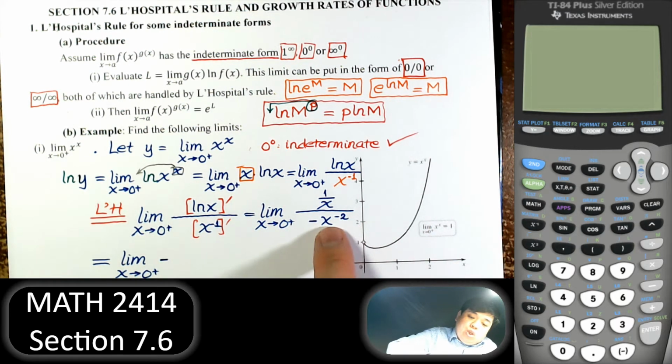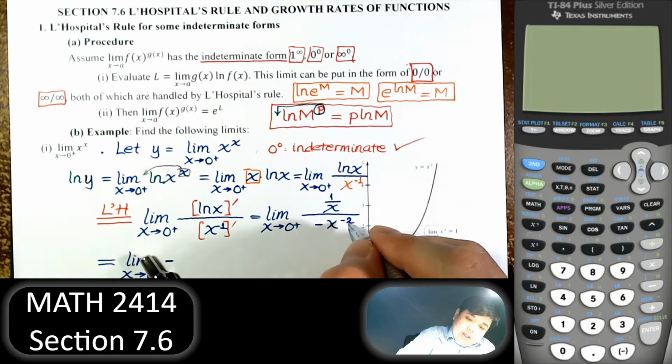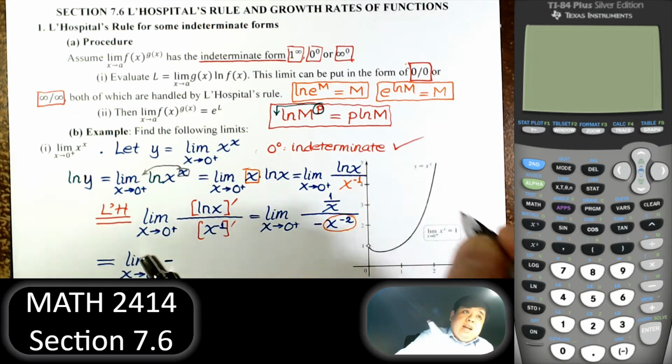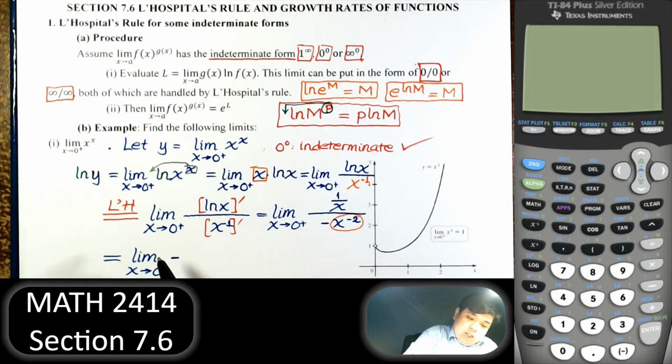If we move the x to negative 2 to the top, it will be x squared on the top, because it goes from the bottom to the top. It may be silly, but I think it will help.